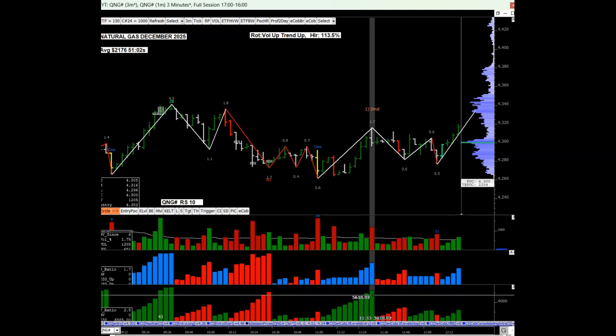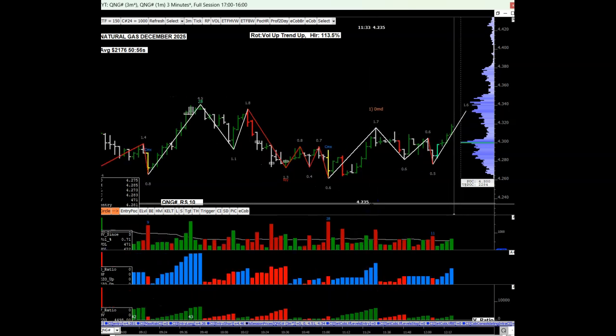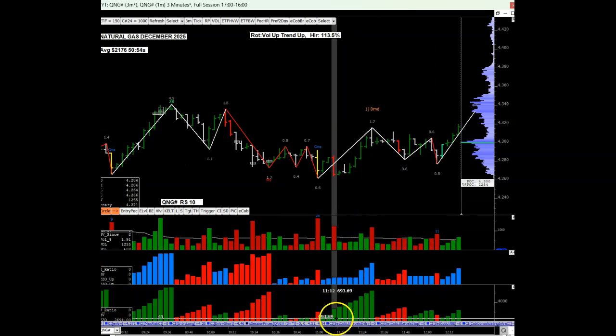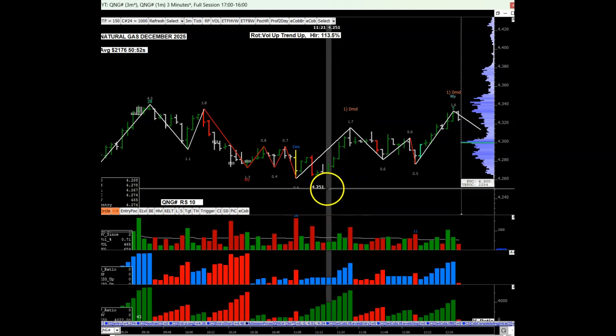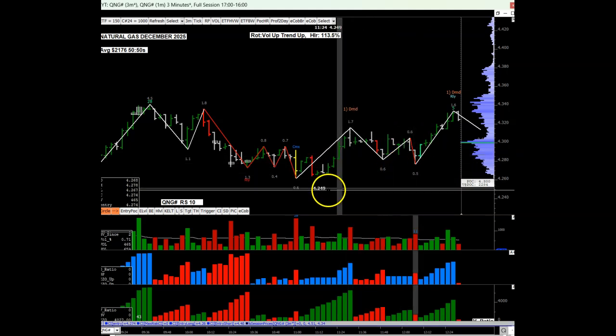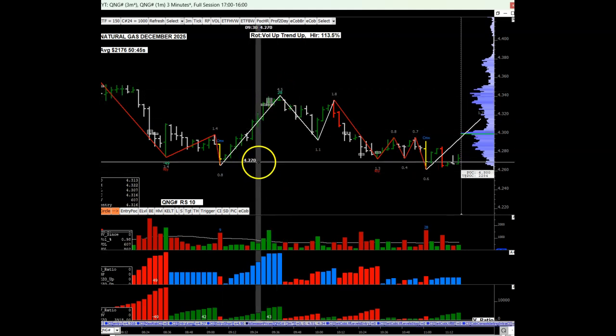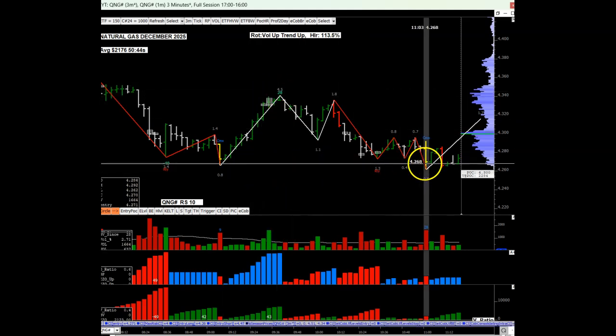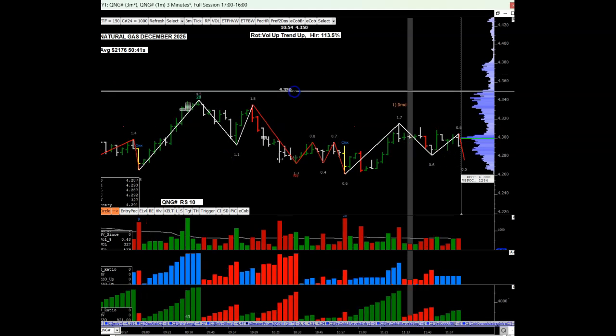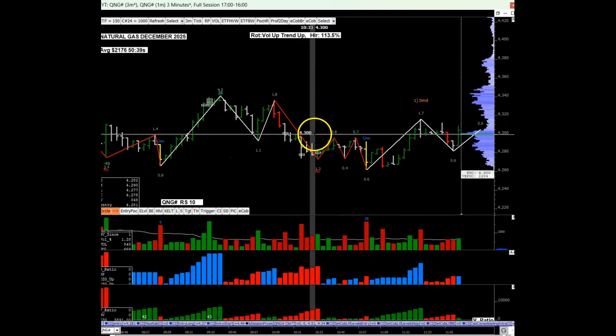This volume, there's a lot of volume. So this is when the market was ready to go. Here, it was very strong, but they did a shakeout, and that's fine. Sometimes that's what happens.